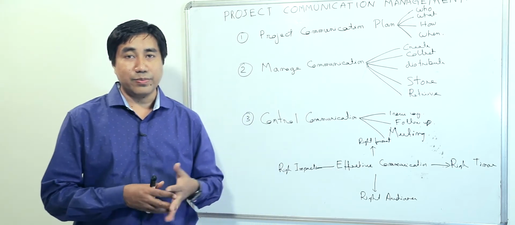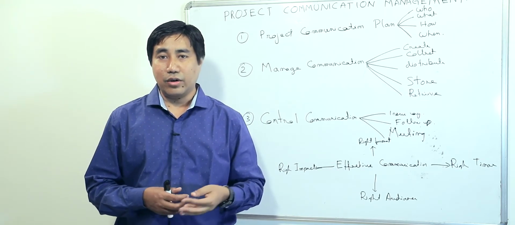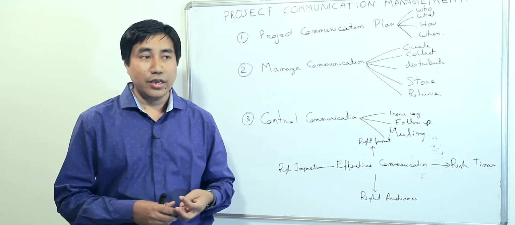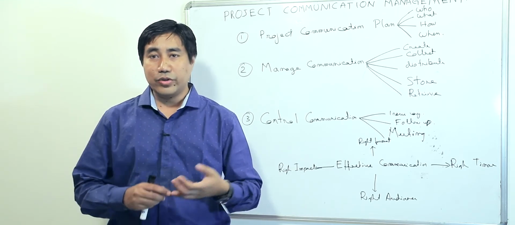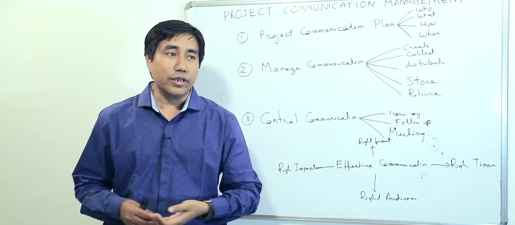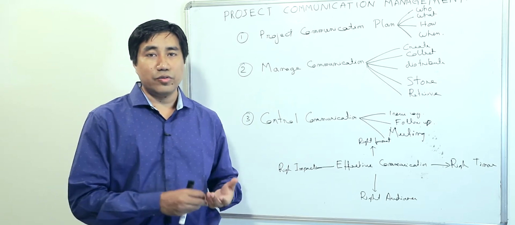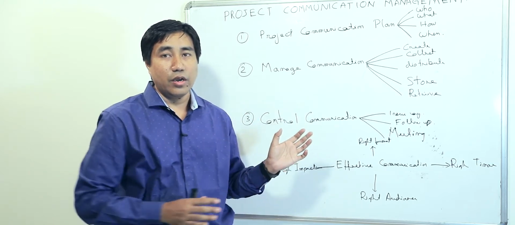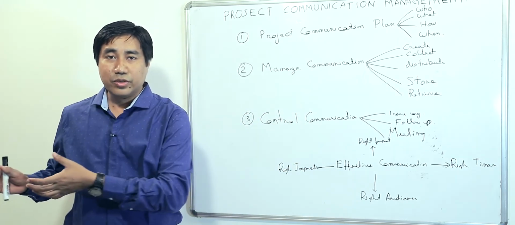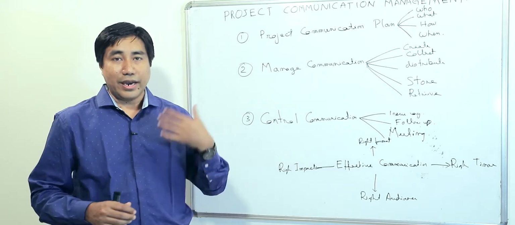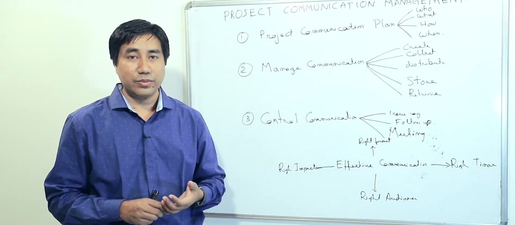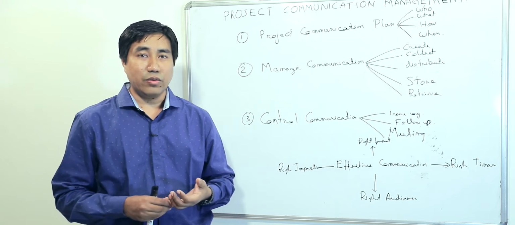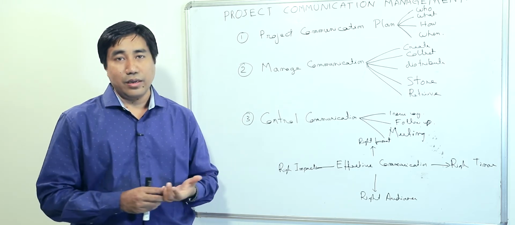Once everything is planned, like how frequently we are going to have meetings within the team, how frequently we are going to have meetings with the stakeholders, and what type of report should be sent to particular stakeholders and to the team. For example, we cannot send all the detailed reports to high level executives.